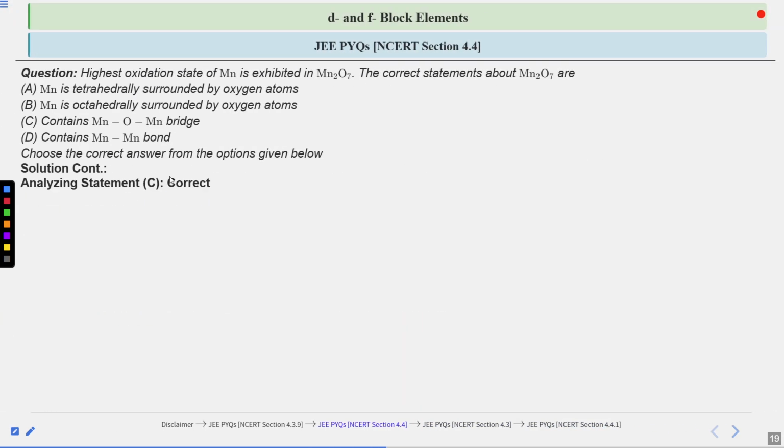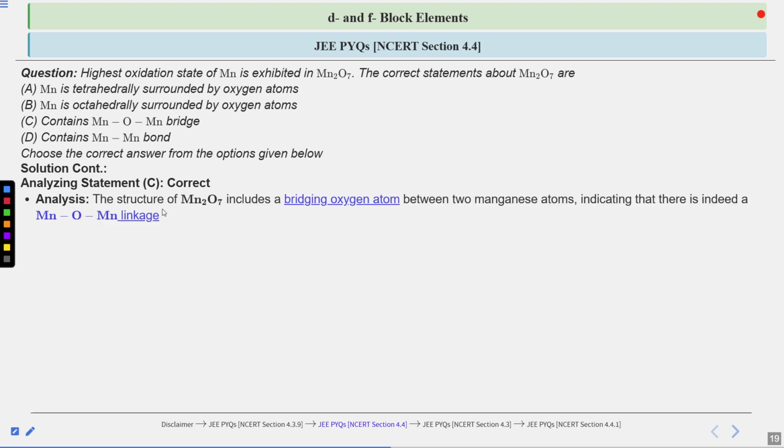Let's analyze statement C, which says that the structure of Mn2O7 contains a manganese-oxygen-manganese bridge. This statement is correct. The structure of Mn2O7 includes a bridging oxygen atom. Bridging oxygen atom means one oxygen atom is acting as a bridge between two atoms to join them together to build the structure.